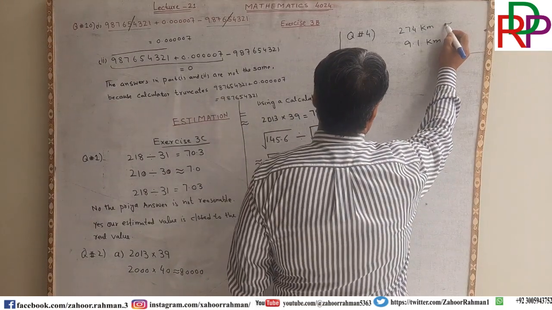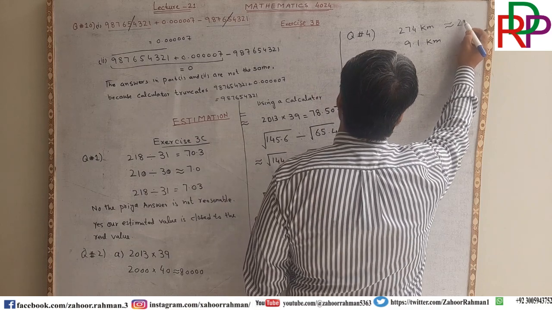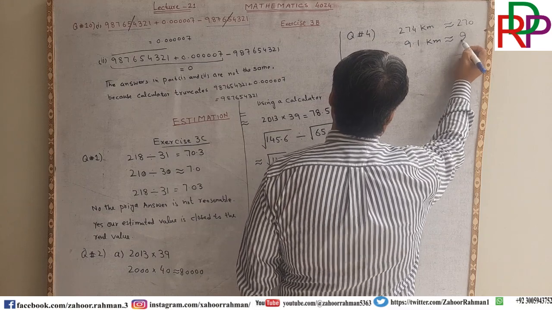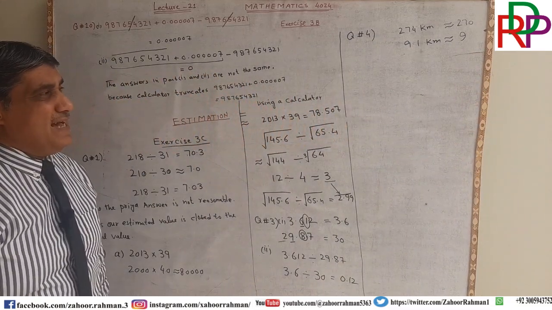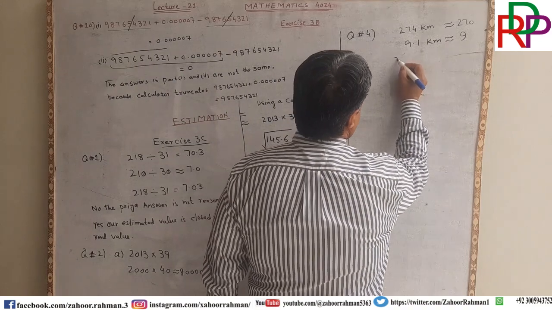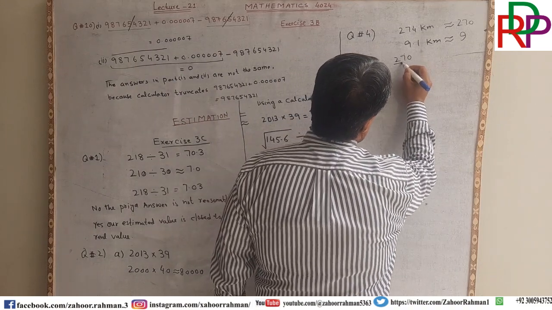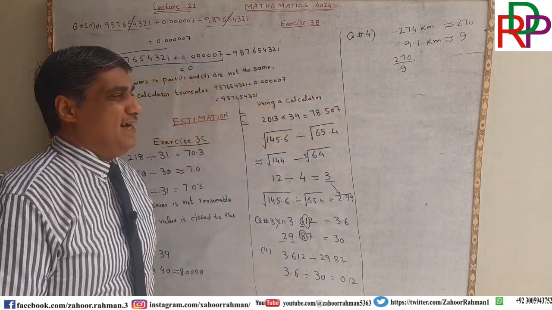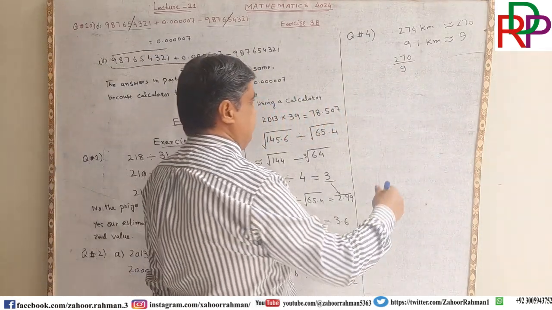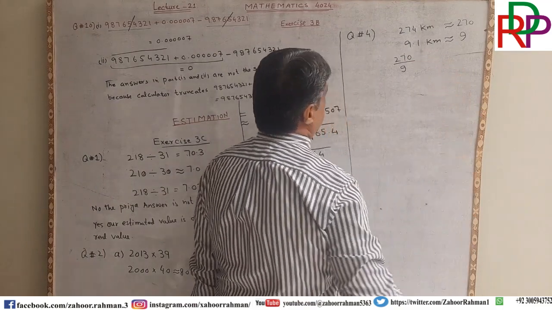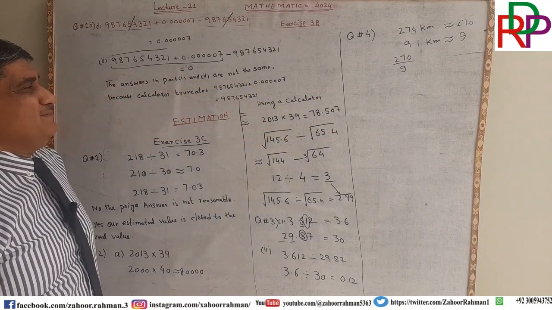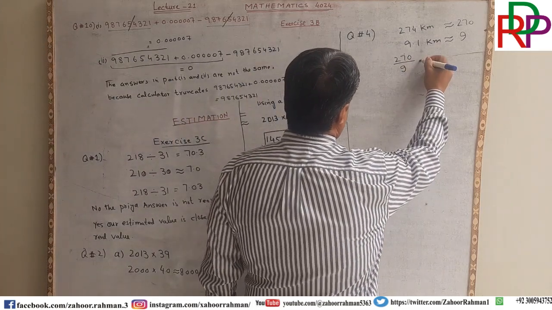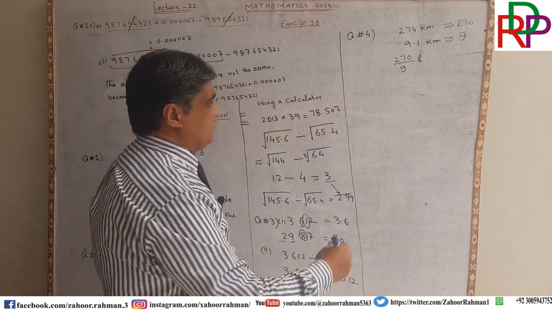If we estimate this, it is nearly equal to 270. And this is nearly equal to 9. So 270 divided by 9 is the answer, because that is the estimated value, and 30 will be the answer. So 270 divided by 9 liters is the answer.